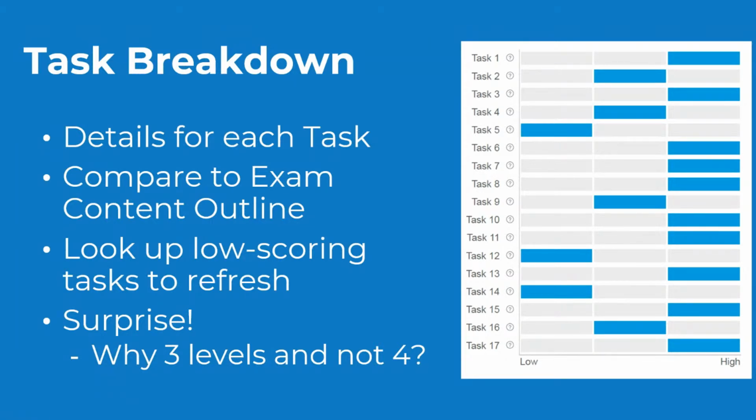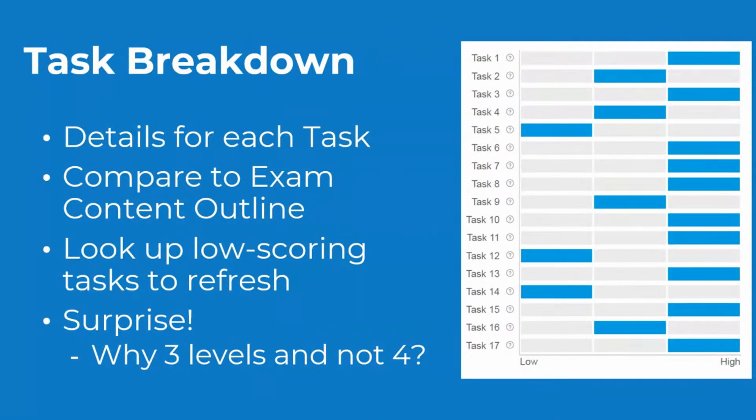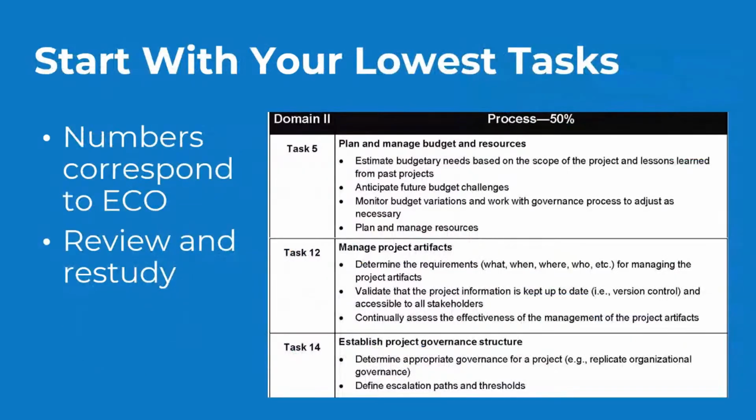For your second exam, you want to go into those and you want to take a look at those. And here is what this is. So the numbers that you see on this screen here, so task 5, 12, 14, they correspond to the tasks in the exam content outline. I created a screenshot here with all of these together.